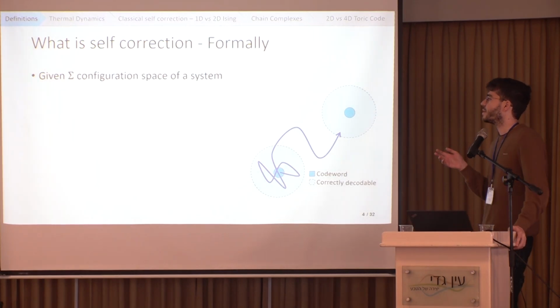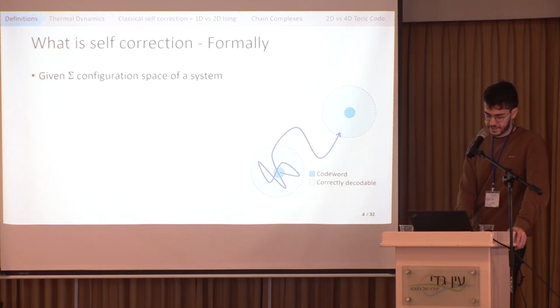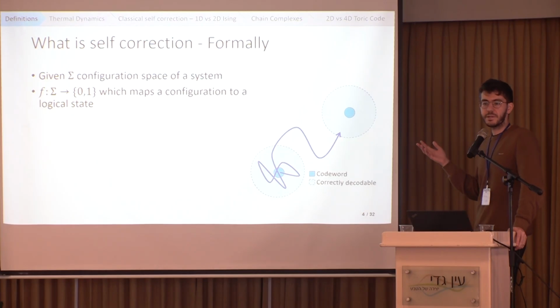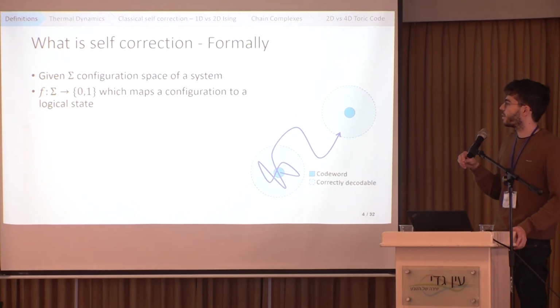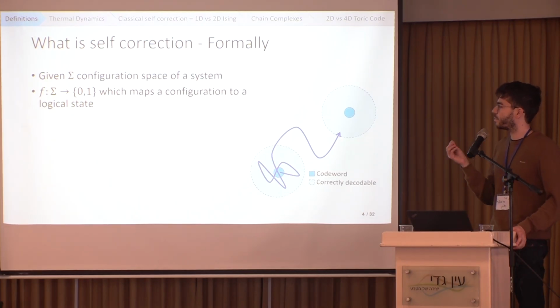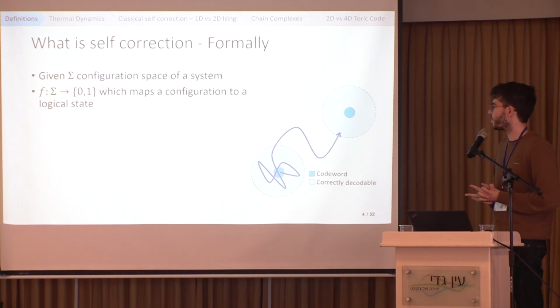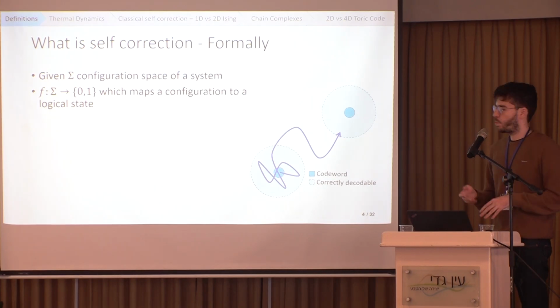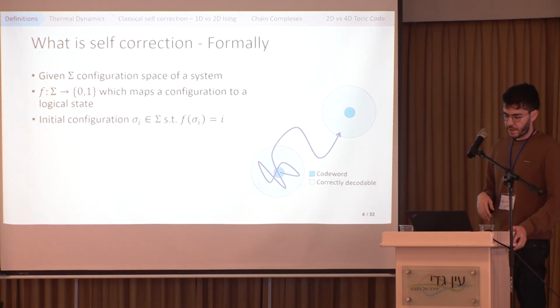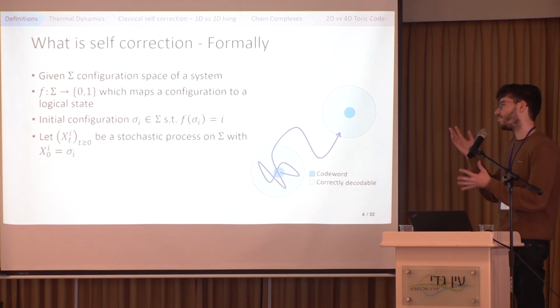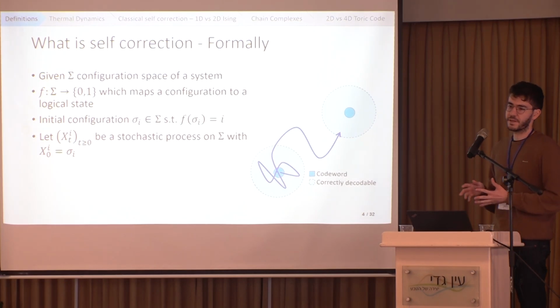So given the configuration space of the system and some mapping, we map every configuration to some logical state. We can think of it as a coloring map. Each state of the system could be 0 or 1. And we have some initial configuration of the state, sigma I, which we map to the logical state I. We have then a stochastic process on the system.